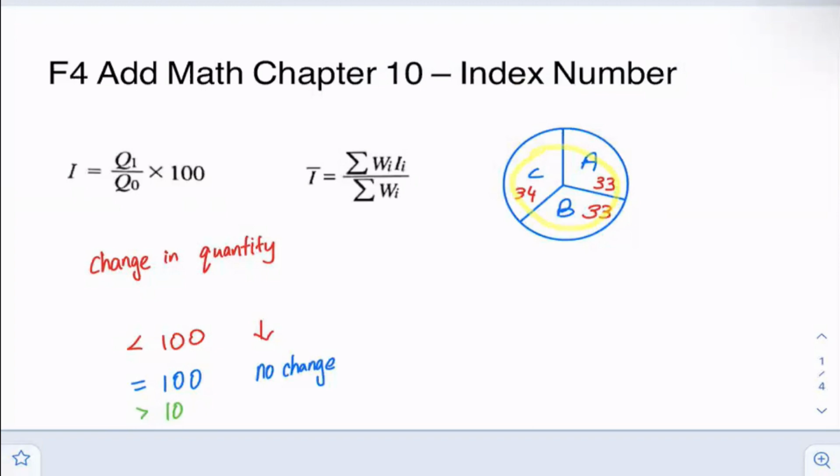So altogether, they are 100%. So the weightage of A will be 33, B also 33, and C will be 34. In this formula, you will see a symbol like this. It means sum, so you have to add all of them up.